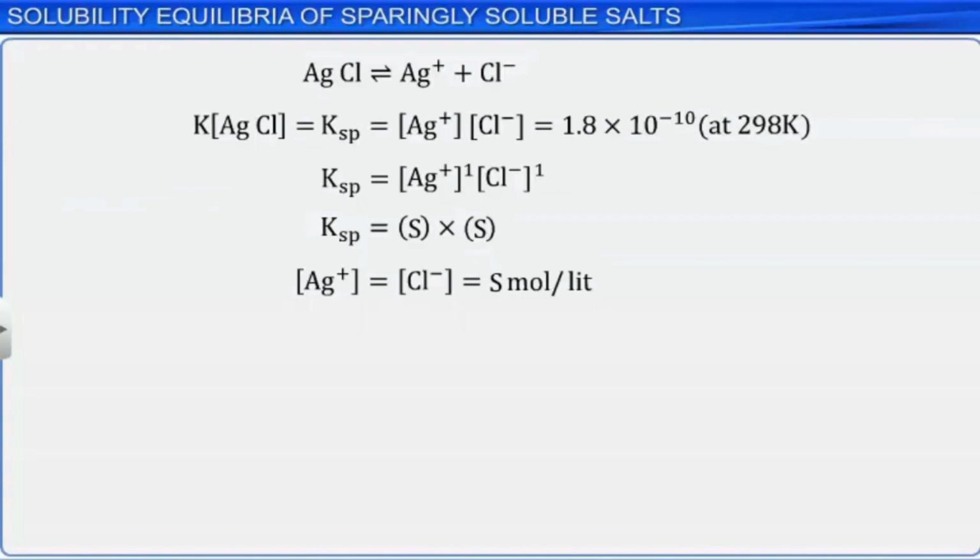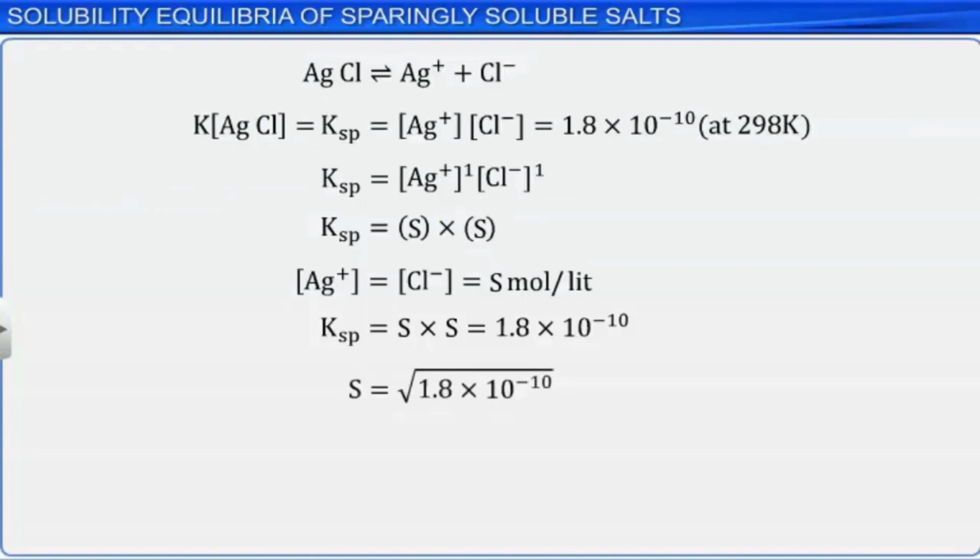Substituting S instead of concentrations in the expression for solubility product, gives Ksp is equal to S multiplied by S, which is equal to 1.8 into 10 to the power of minus 10. Thus, the molar solubility S is equal to square root of 1.8 multiplied by 10 to the power of minus 10.